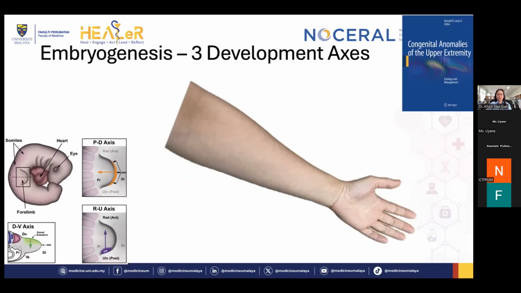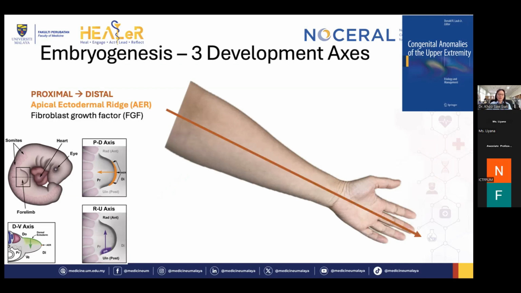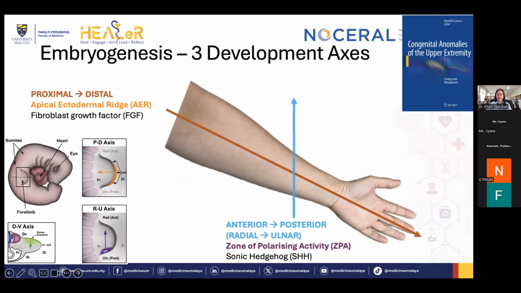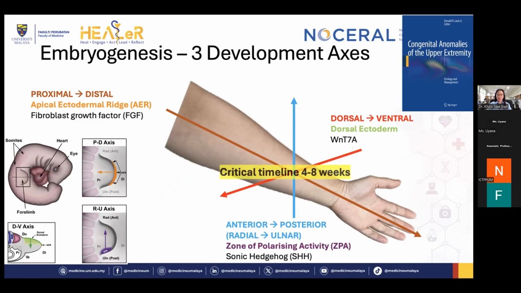This used to be very confusing to me, but to make it easy, from the limb bud, the growth will go from proximal to distal, and it will also ulnarize and dorsalize. These 3 axes in 3D will form the upper limb, and the critical timeline is between 4 to 8 weeks. Any insults during this time would cause deformity.